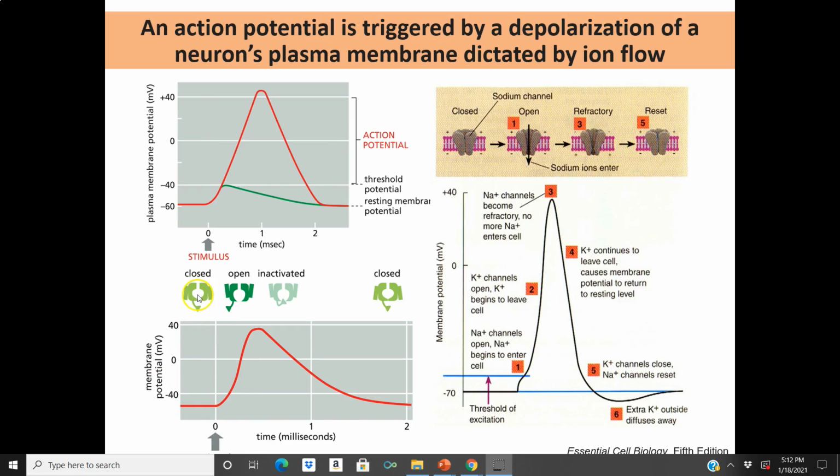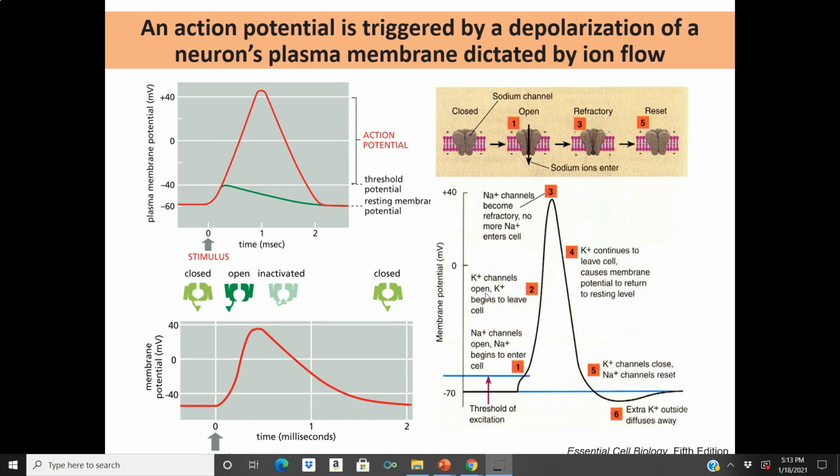Initially they are closed at the time of the stimulus. They will open to allow for movement of ions. Once it reaches the maximum membrane potential, it will become inactivated, and it will remain inactivated until it goes back to its resting membrane potential, at which point it goes back to its closed state and can now be activated again.